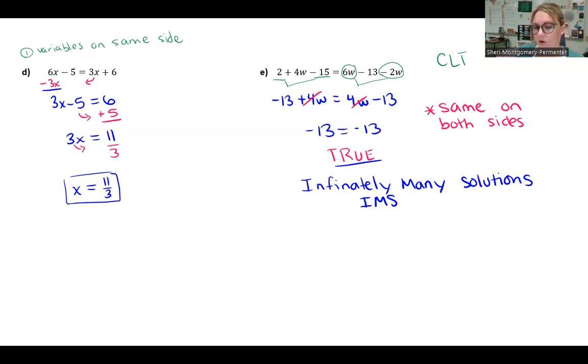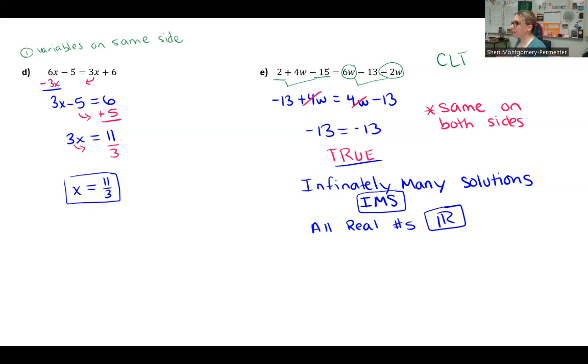It is also all real numbers. Anything works. So you might see IMS, you might see the symbol for all real numbers. It means anything. So let me ask you this. If you end up with a true statement, -13 equals -13, any number in the world could work.